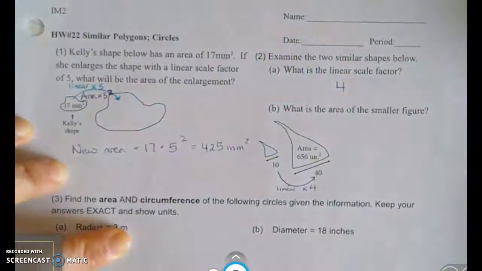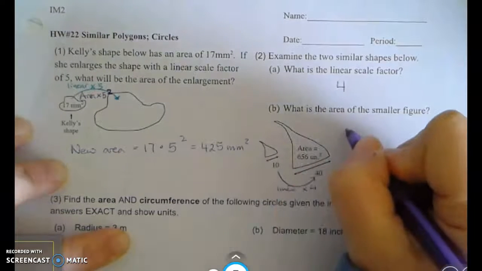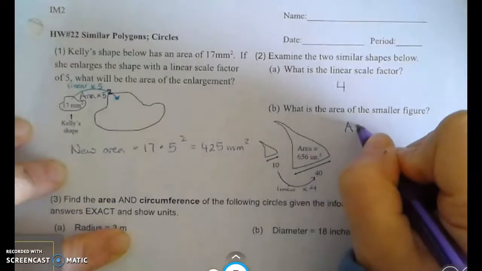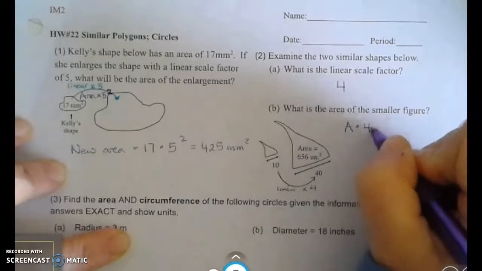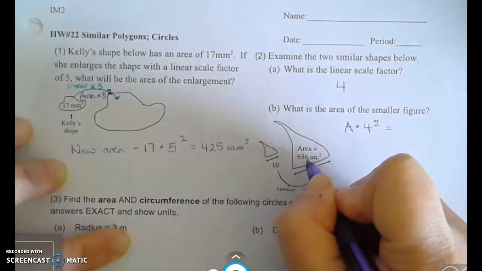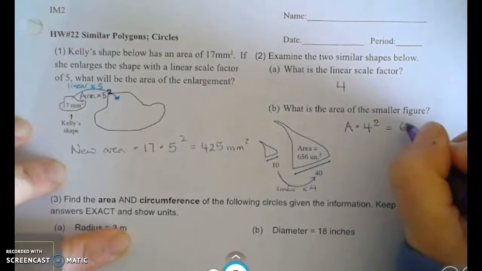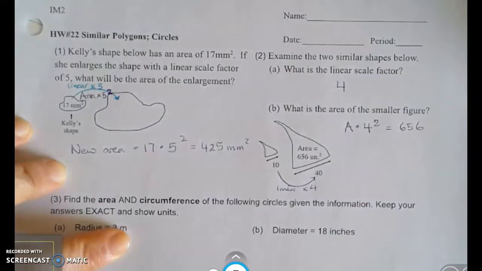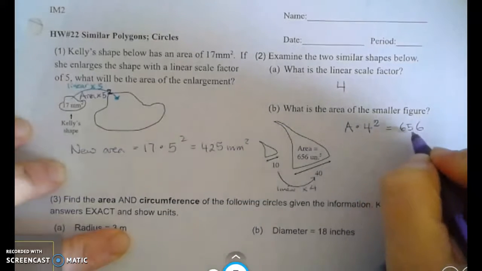What is the area of the small figure? Whatever the area is, let's just call that a, multiplied by the area scale factor, which is 4 squared. We know the area of the final enlarged figure to be 656. So area times 16 is 656.